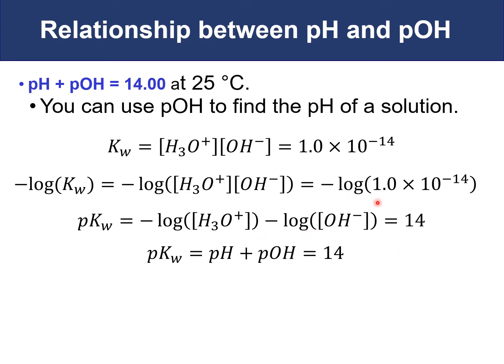When we take the negative log of 1.0 times 10 to the -14th, that value is 14. So what this tells us is the pKw is equal to the pH, which is the negative log of the hydronium ion concentration, plus the pOH, which is the negative log of the hydroxide ion concentration. And that value, the sum of the pH and the pOH, is 14.